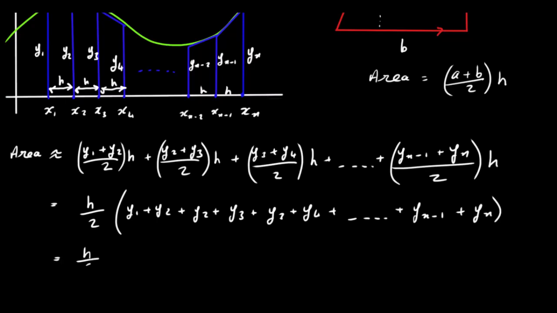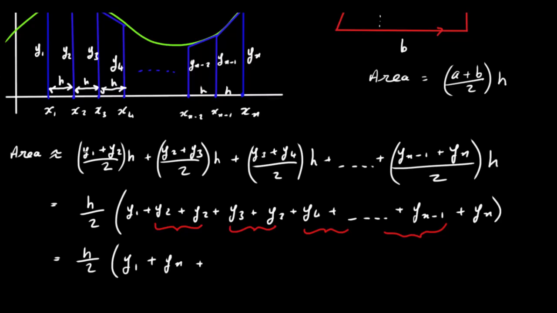That then can be simplified a little bit further. We can see here we have a y1 and we have a yn. So I'm going to put those together. That's the first one. That's the last one. And then you can see that we have 2 of everything else. We've got 2 y2s, 2 y3s, we will have 2 y4s, and we will have 2 yn minus 1s.